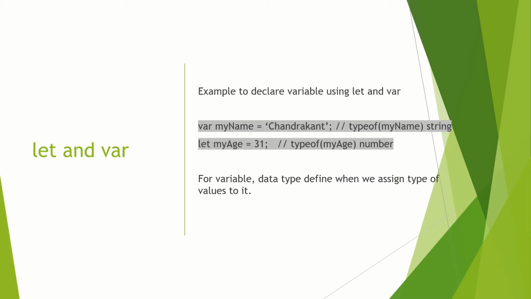So in JavaScript the data type of a variable will be determined by the value you assign to that variable. In the first variable we have assigned a string value, so the data type of myName will be string, and in the second case we have assigned 31 as a number value to the myAge variable, so the data type of myAge will be number.